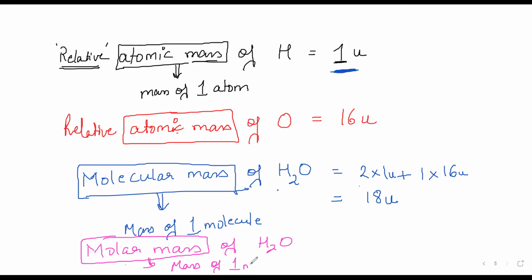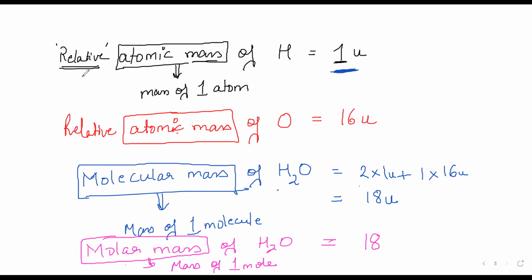That means 6.022 into 10 to the power 23 molecules. So obviously you've taken a lot of water molecules and they are going to be visible to the naked eye. So the best part that I was talking about, the calculation remains the same. So over here, the mass will still come out to be 18.